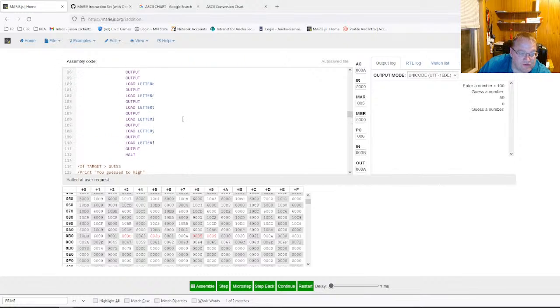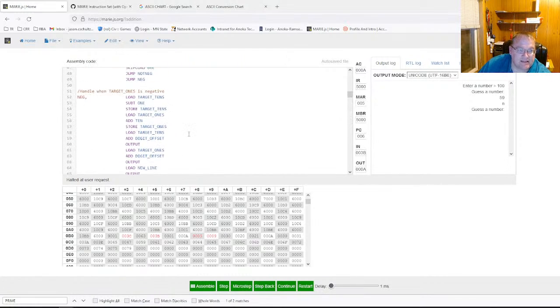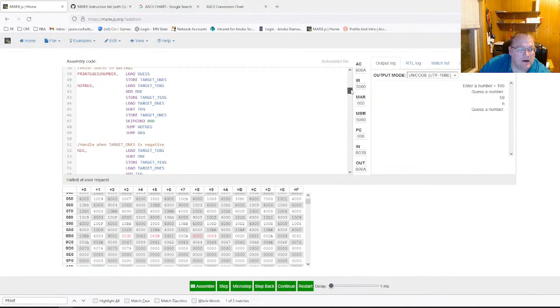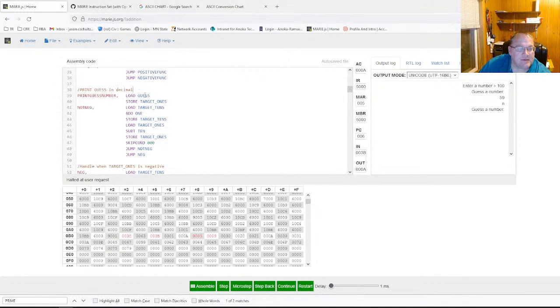But the gem of what we did today was this little guy here. Actually here, print the guess number. So we loaded it. We saved it in these two temporary files, one for tens place and one for ones place. That's the reason why we limited our target number.